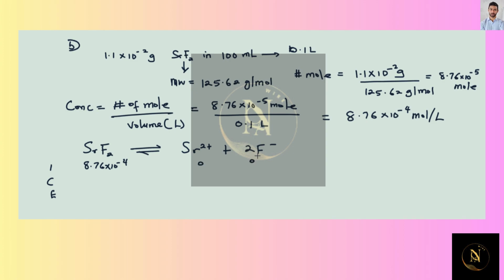Then it dissociates completely, and we will produce 8.76 times 10 to the power minus 4 mole of Sr2 plus, and 2 times 8.76 times 10 to the power minus 4 mole of F minus. So the amount at equilibrium will be 8.76 times 10 to the power minus 4, and 2 times 8.76 times 10 to the power minus 4 mole.